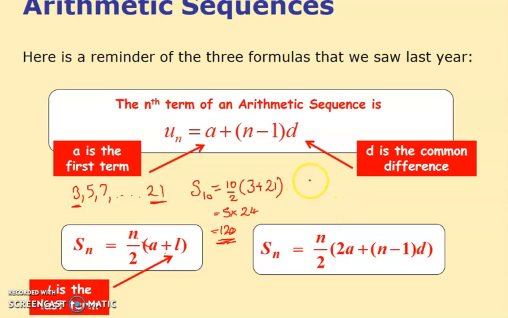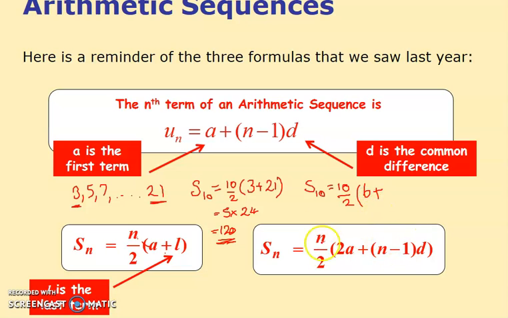Now the second way of doing it is equally good and probably more useful actually. If you don't necessarily know what the last term is, you can use this instead, and it says n over 2, which is still 10 over 2. And this time we do 2a. Now a was 3, so 2 of that is 6.